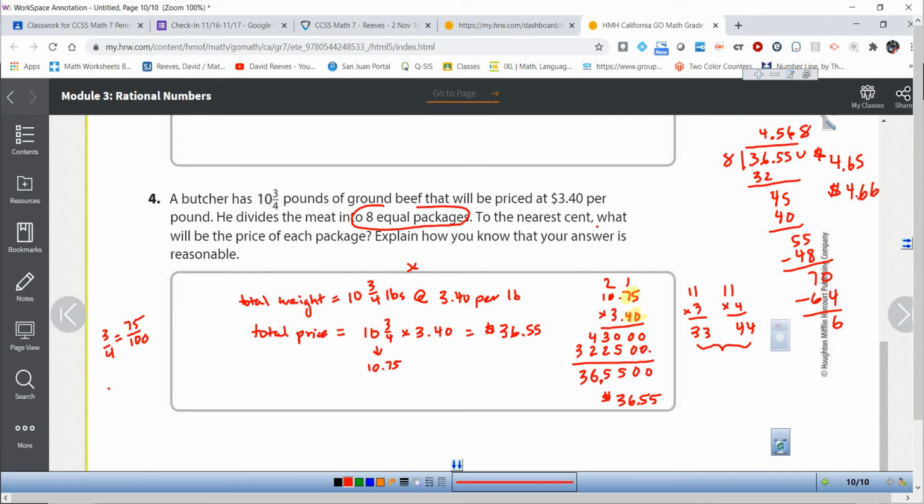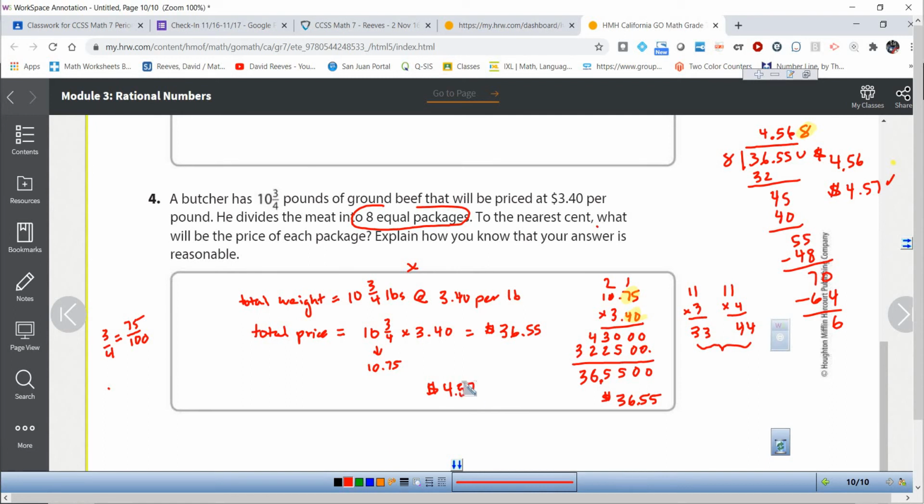Well, because that number right there is 5 or bigger, we need to round up. What? Not 60, 50. My bad. I switched the digits around. 56 or 57. That's what it should be, right? But it's going to be this one, $4.57.